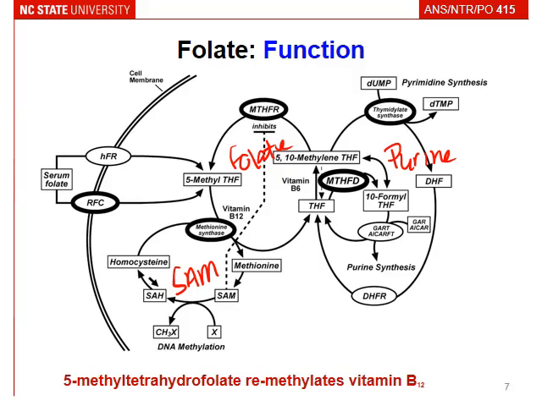You can see that we need folate. It is remethylating B12, and we need this for the resynthesis of methionine from homocysteine. And when we have this methionine going back to homocysteine, we are doing this so we can have DNA methylation, and this is post-translational.